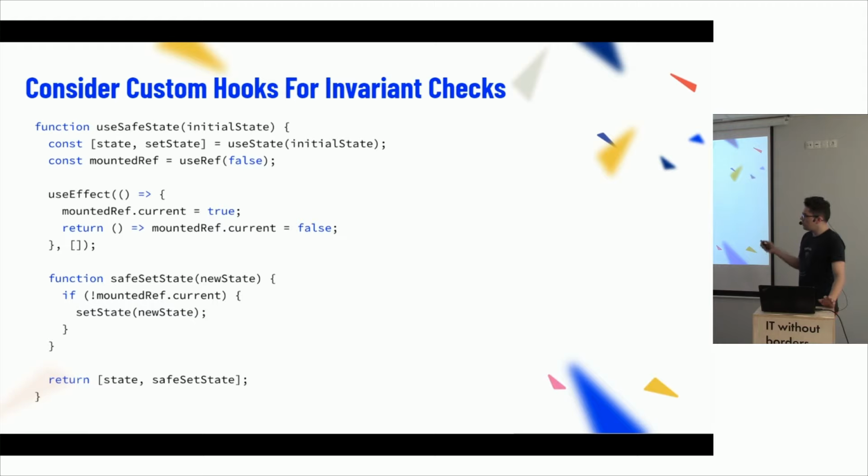React provides us with the useState hook, and with useRef, you can track whether the component already unmounted and refrain from updating the state in such a case. So it's a simple solution using the API that costs you nothing, there's no additional barrier to just using useStateSafe versus useState.